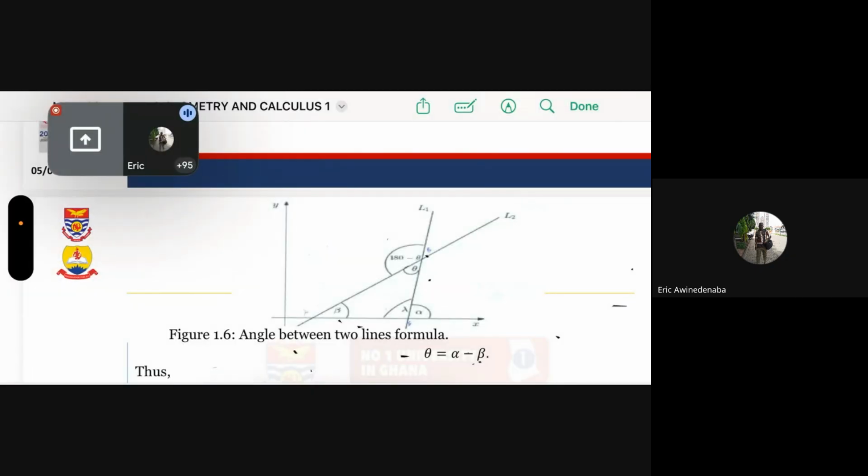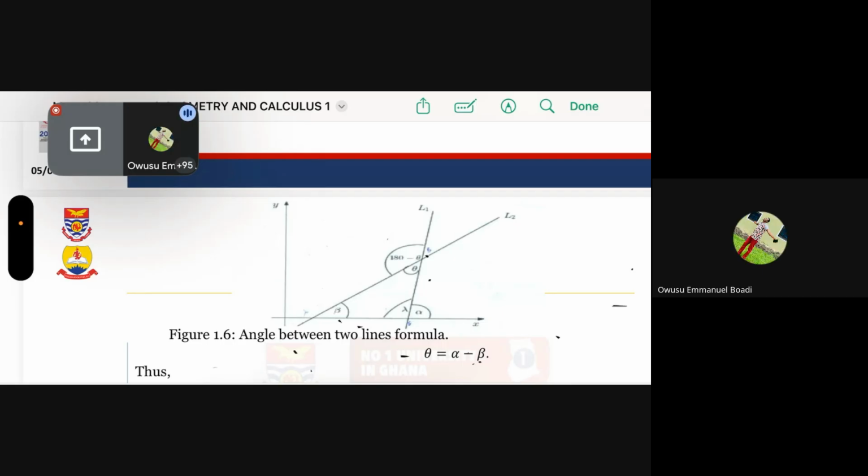Beta plus theta will give the exterior angle of alpha. That's the property of exterior angles.